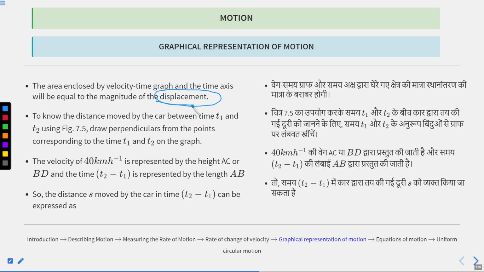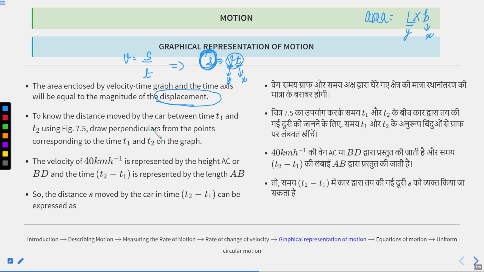Is it clear, class? Because the formula of velocity is displacement divided by time, so displacement is equal to velocity into time. And the area of a rectangle is length into breadth, where length is on the y-axis and breadth is on the x-axis. Similarly, in the velocity time graph, velocity is on the y-axis and time is on the x-axis. So the product of velocity and time will give you displacement.